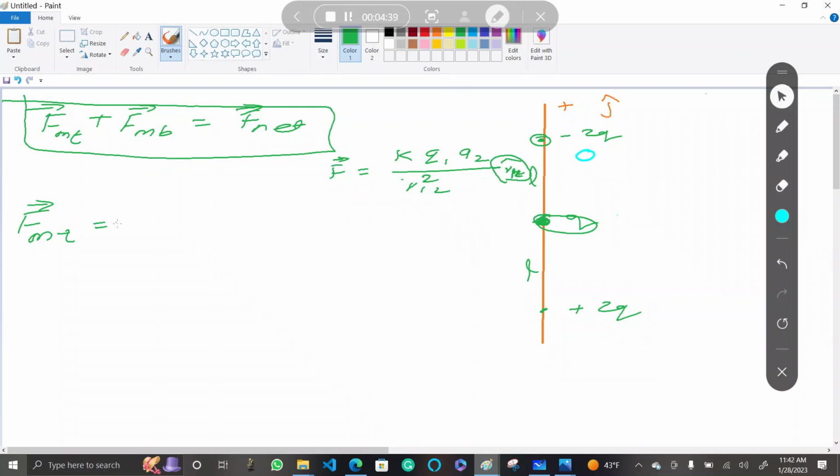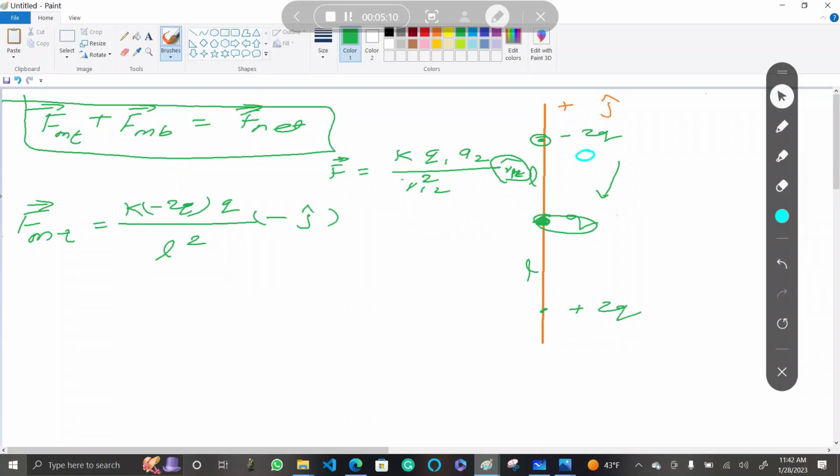So the electric force at the middle because of the top is K, Q1 into Q2, where Q1 is the source charge and Q2 is the destination charge which experiences the force, divided by the distance between them squared, which is L square, and the direction is from the first charge to the second charge, or from the source charge to the charge which experiences the force. Here our source charge is minus 2q. We are interested in finding the force at this point. So the direction would be something like this, so I write minus j.